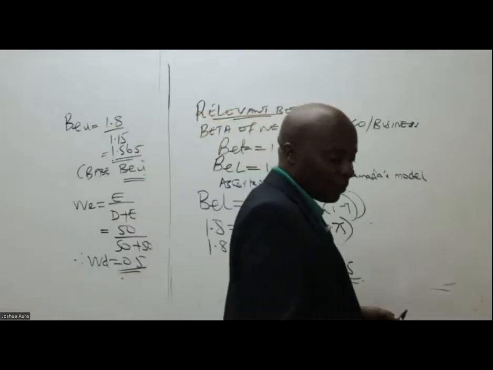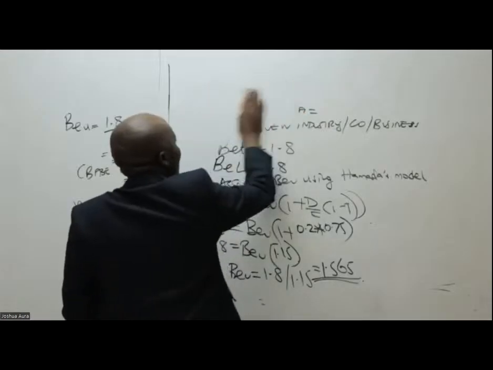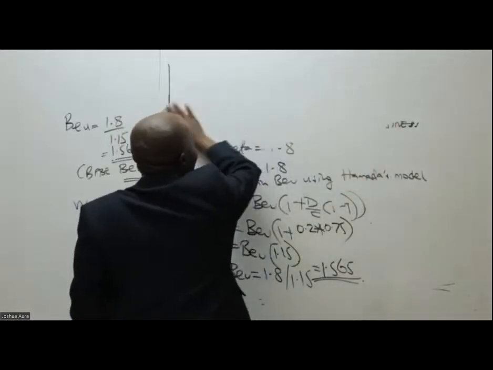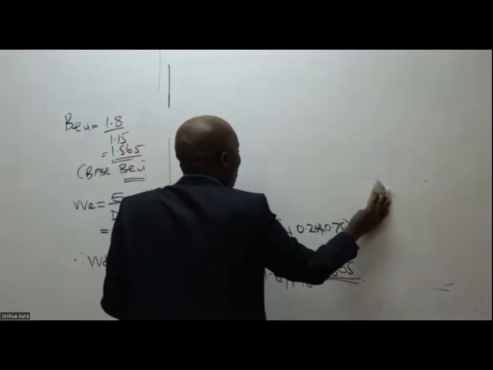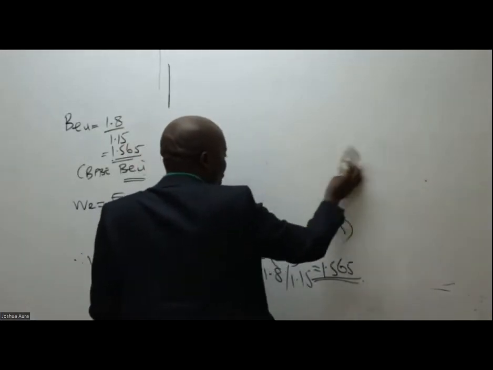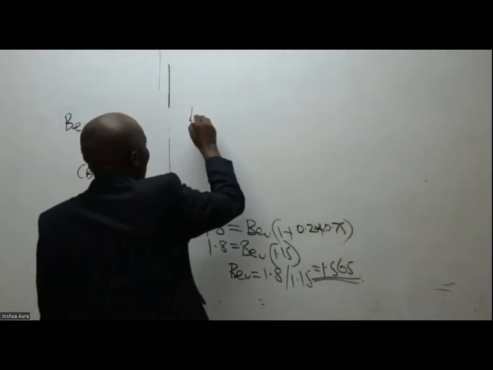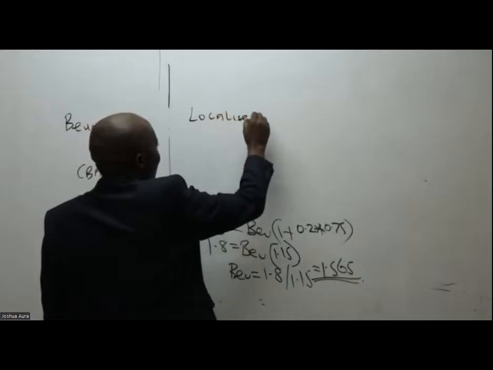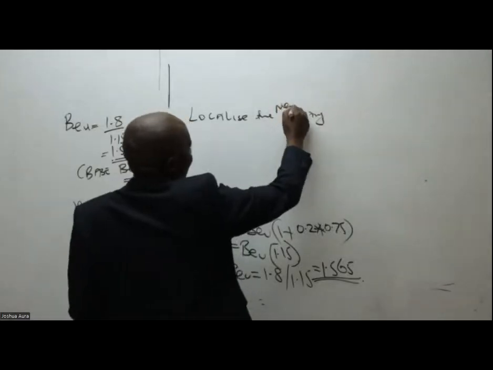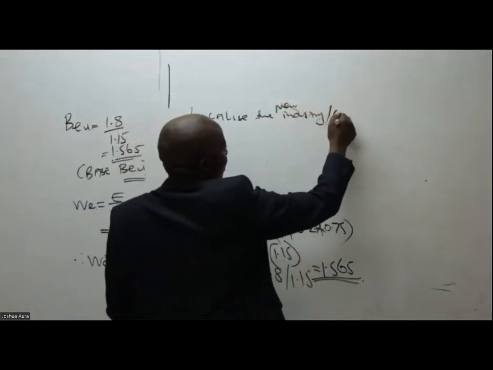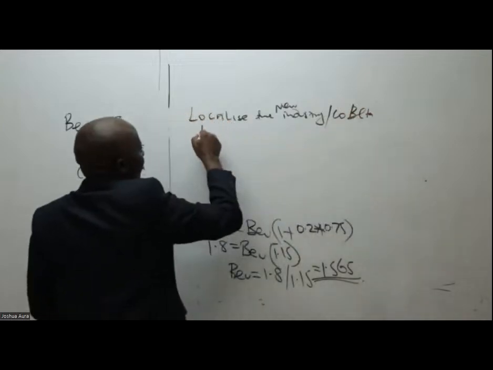Now from there, ladies and gentlemen, I know the next thing. Using this base, you can call it base beta, I should now be able to localize. So you localize the industry, new company or new business beta to the firm.